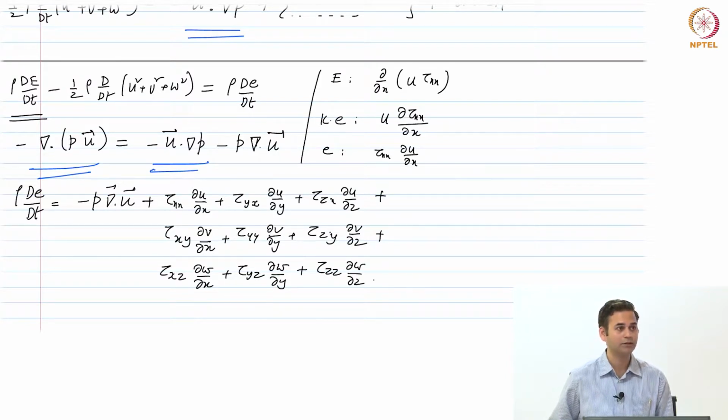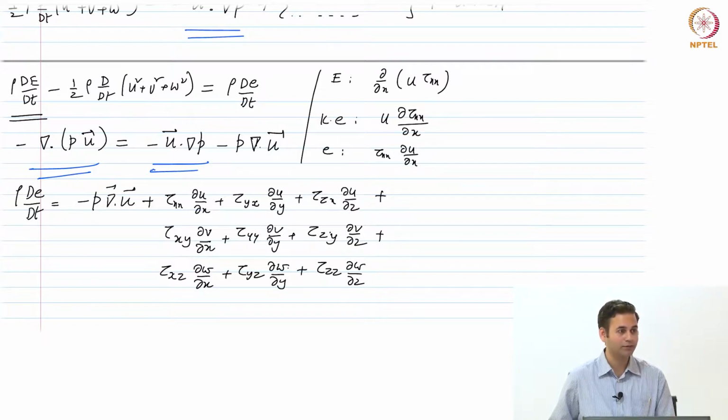Is that correct? Any mistakes? The second index should be x, y, z, and the first index should go with the denominator of the partial derivative, right? Fine. This is perfect. This is correct.